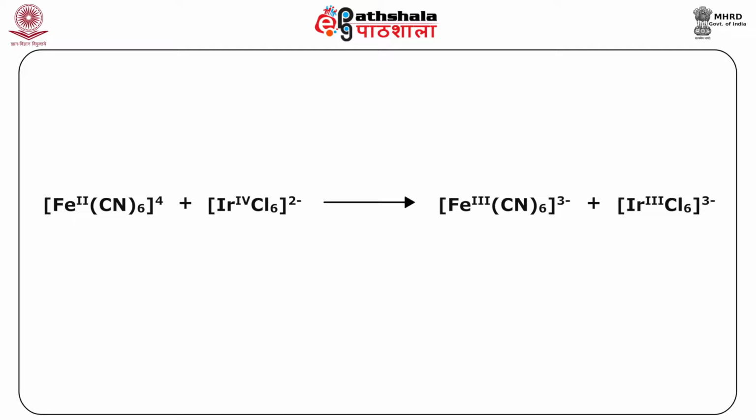If you compare, iridium was in the +4 oxidation state in the reactants and iron was in the +2 oxidation state. In the products, iron has gone to +3 and iridium has gone to +3. So iridium was reduced and iron was oxidized.